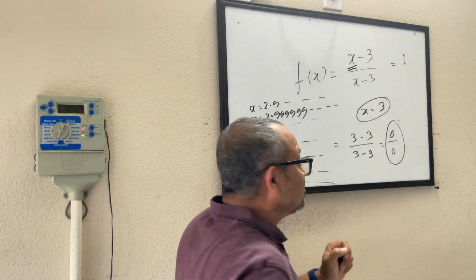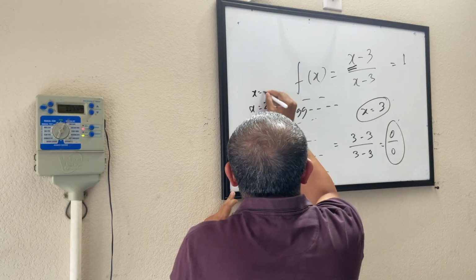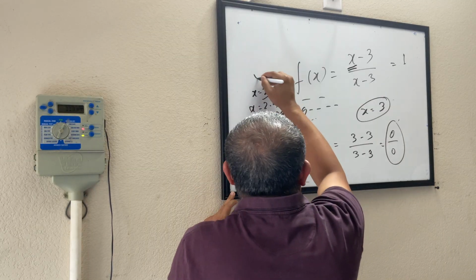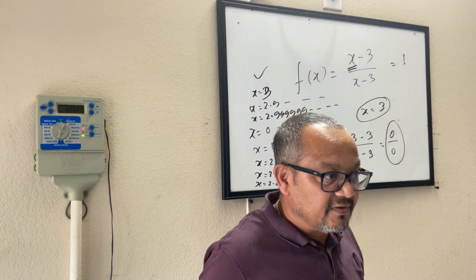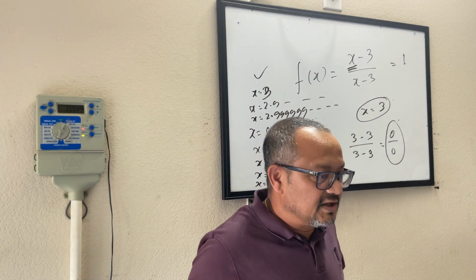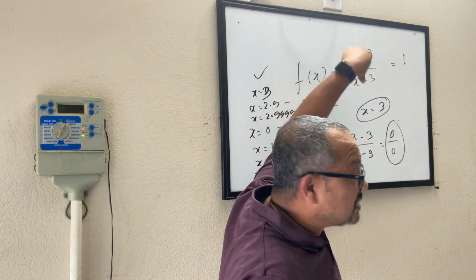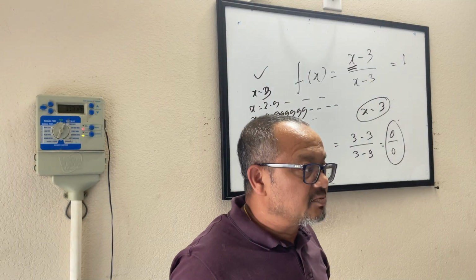As soon as you hit x equal to 3, life changes upside down. It became undefined. Our basic concept of something over the same thing being 1 got proven wrong.